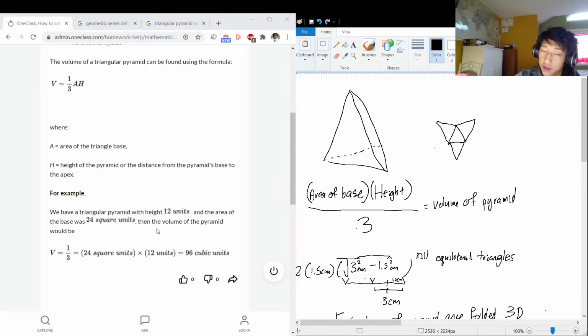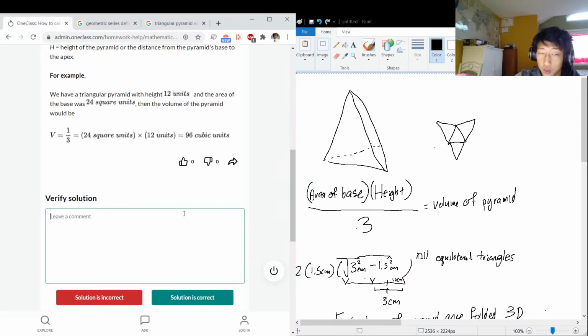It's also going to be area of base times the height divided by 3. But a square base is going to be a little bit easier to find the base because you don't need to chop it down into like right angle triangles. Okay, cool. So let's verify the solution. The above solution is correct.